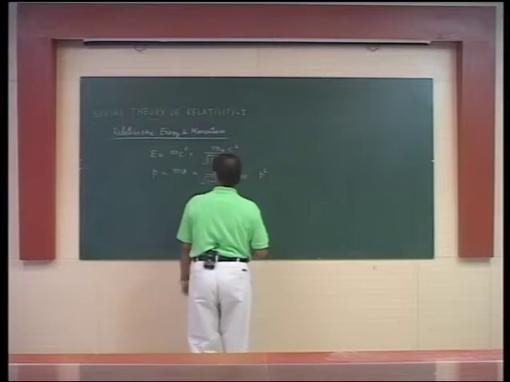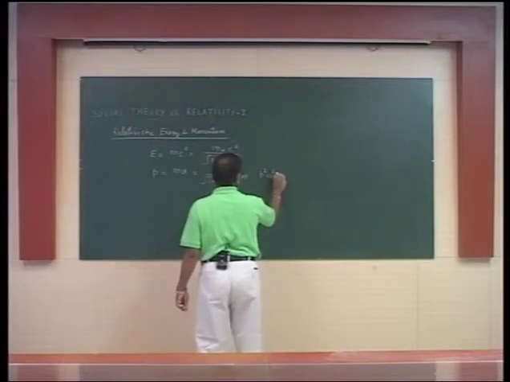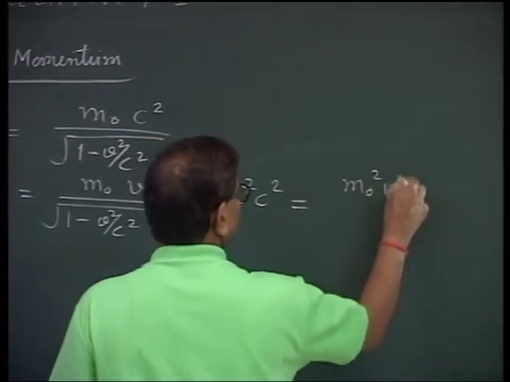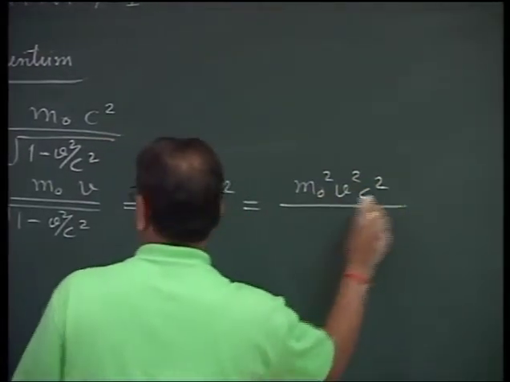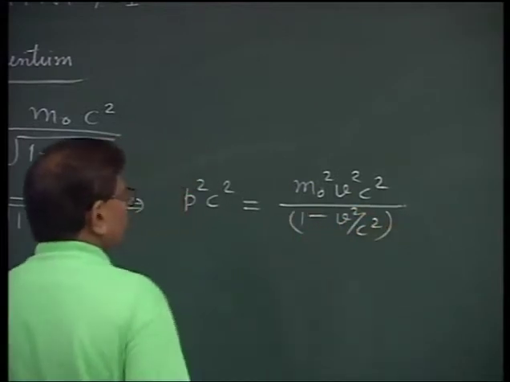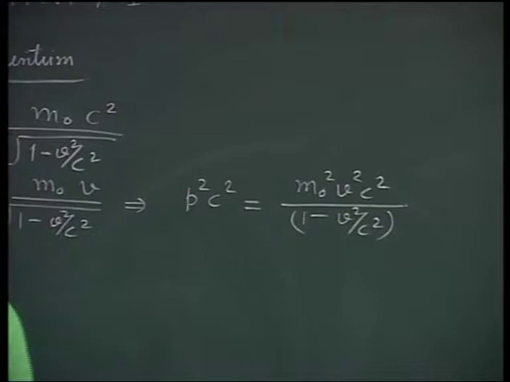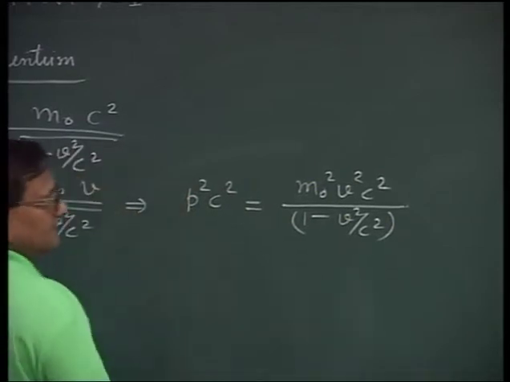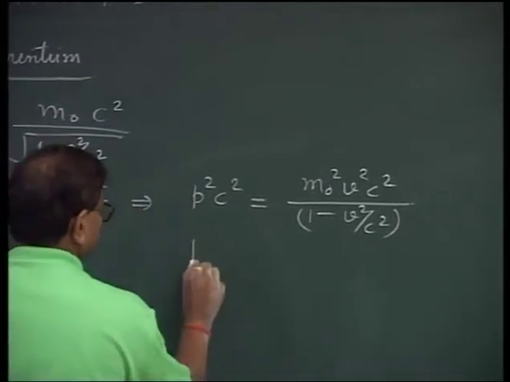To relate energy and momentum, we square these. p square multiplied by c square, this is p square c square. And to this p square c square, let us add m0 square c4.